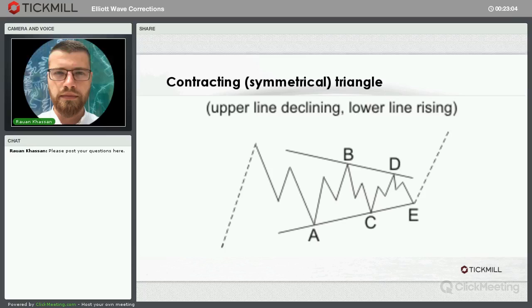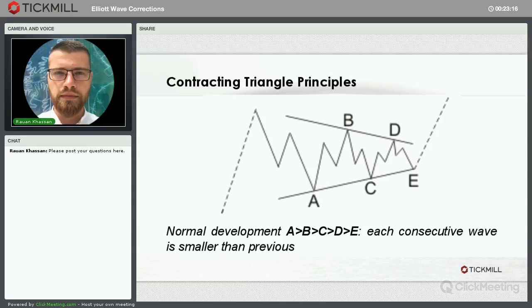The main feature of the symmetrical triangle, which has an A, B, C, D, E structure, is that all the waves are descending in comparison to the previous one, which means that usually wave A is the longest one, whereas the final waves D and E are the shortest.